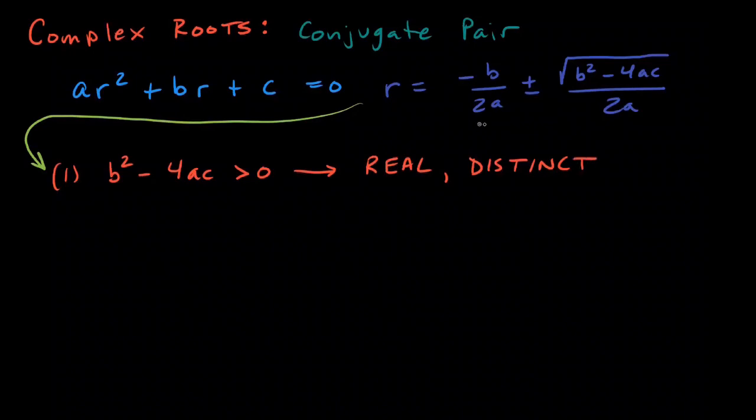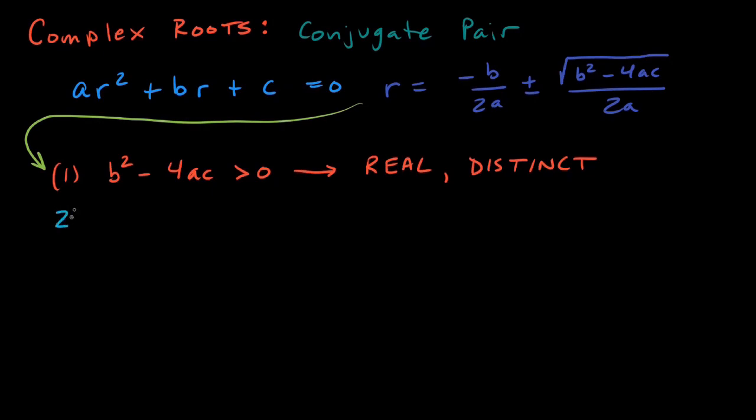Because we're going to have some term, negative b over 2a, plus or minus the square root of something that is real. b squared minus 4ac being greater than 0 means that square root is not going to give us a complex number, and so we're going to have real and distinct roots that are going to be some number plus or minus some other number.